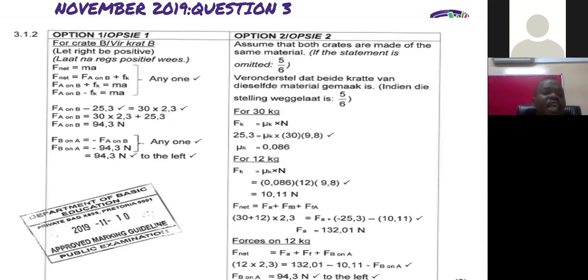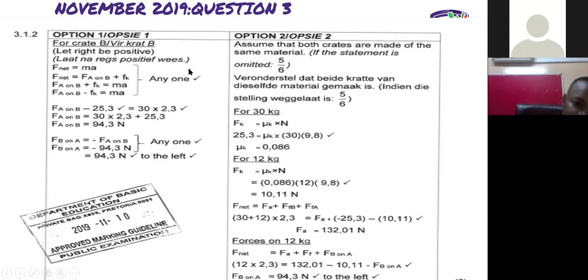Learn to refer to your formula sheet at all material times, because some of you will omit the subscript there, net. Or some of you will say F g is equal to m a. That is incorrect. You are changing the formula. And once the formula is incorrect, then we will not mark the rest of the substitution. So the formula must be correct at all material times.